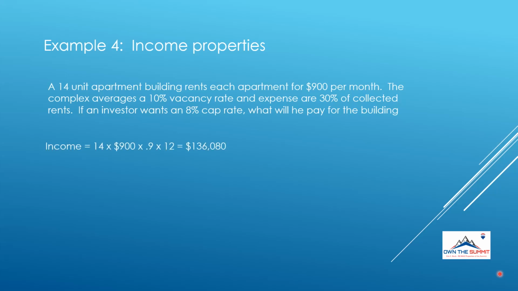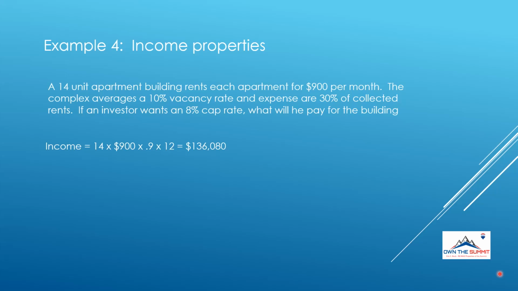So the income is 14 units times $900, but we have a 10% vacancy rate, so we're only collecting 90% of that, so it's times 0.9, and that's the monthly, so we multiply it by 12 to get an annual revenue of $136,080.